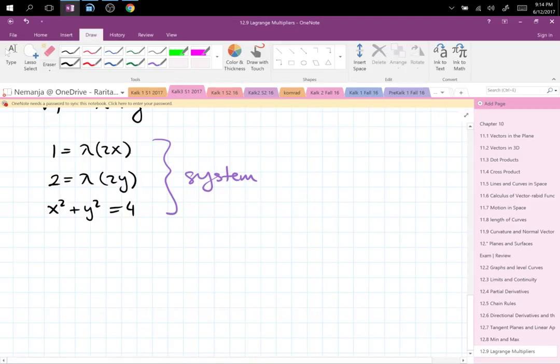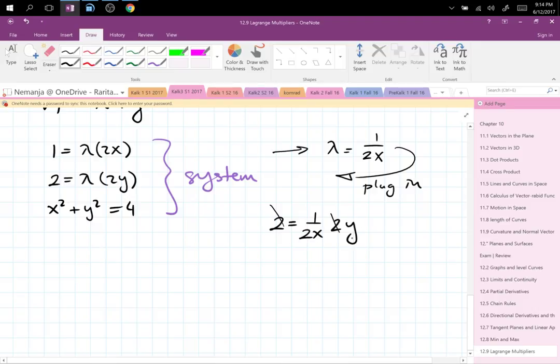What I'm going to do is solve for lambda in the first one and plug that into the second equation. So lambda is equal to 1 over 2x. And I'm going to plug in the second one. So I get 2 is equal to 1 over 2x times 2y.